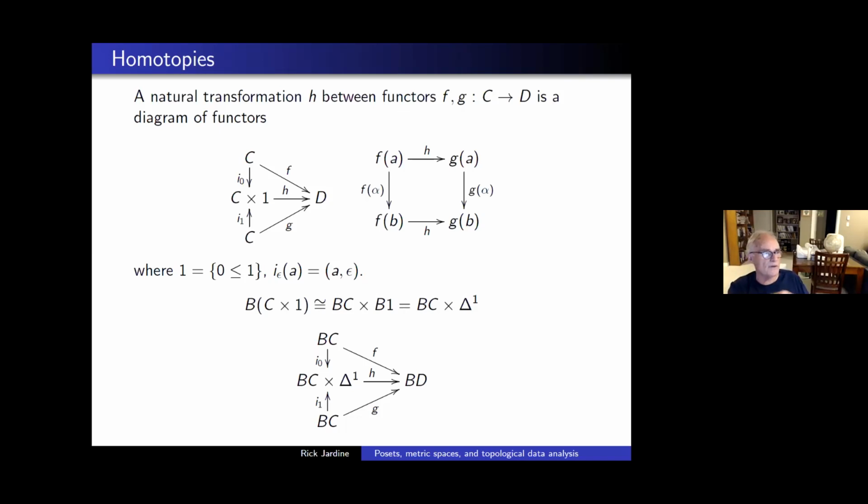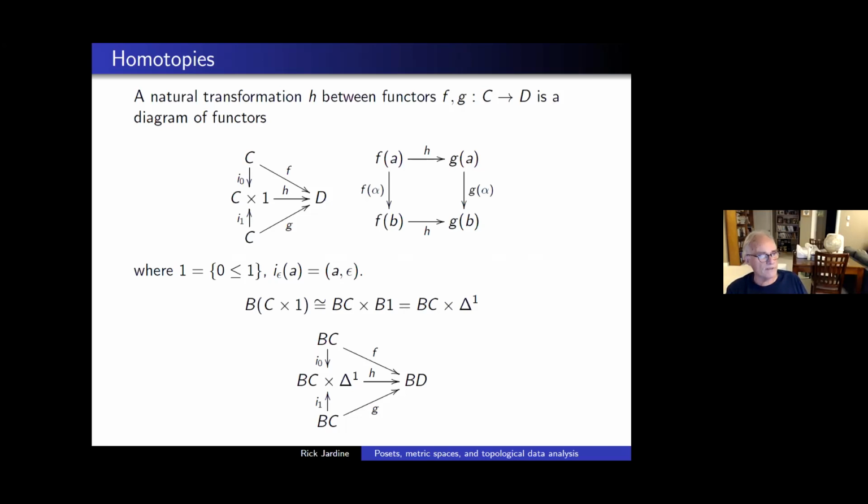And so there's a commutative diagram like you're seeing on the left of functors. I sub 0 takes an object C to the object (C, 0) inside C cross 1. And I sub 1 takes C to the object (C, 1) in C cross 1. And so they're the same. Okay, so you've got a picture like that on the left.